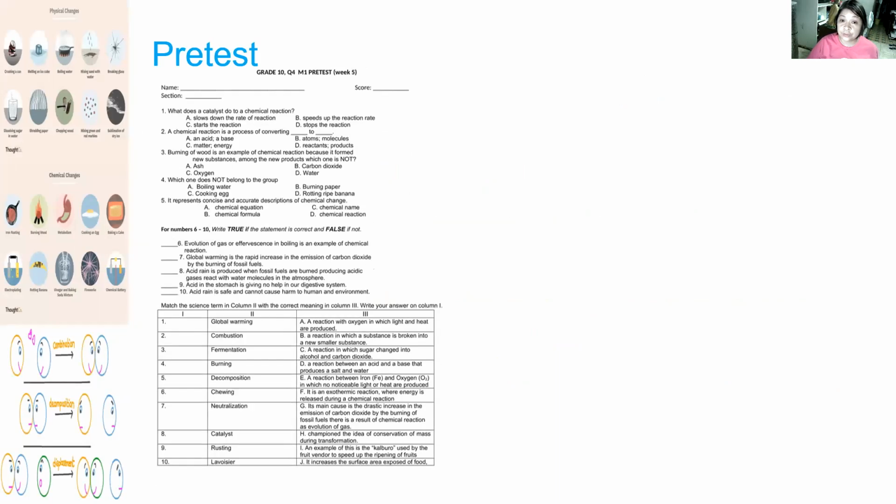More versatile and most cost-effective materials are being made. First, you need to answer the pre-test, which is you have to answer 1 to 5 and choose from the letter of the correct answer. For numbers 6 to 10, you have only to write true or false. For numbers 1 to 10, you have to write only the letter of the correct answer on the first column.